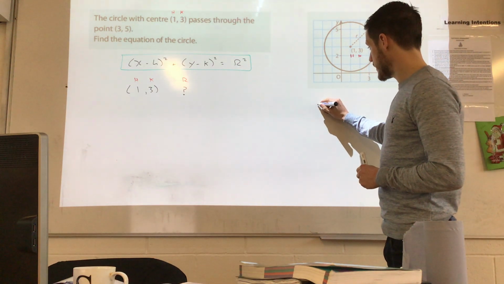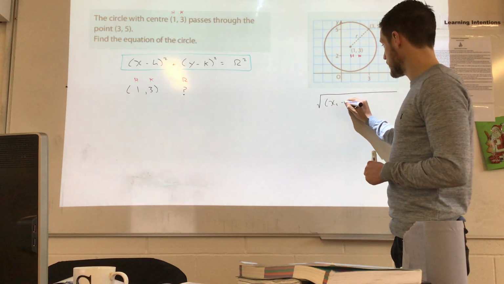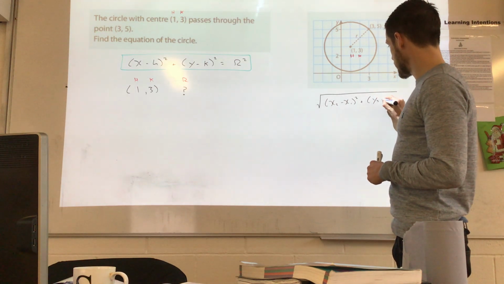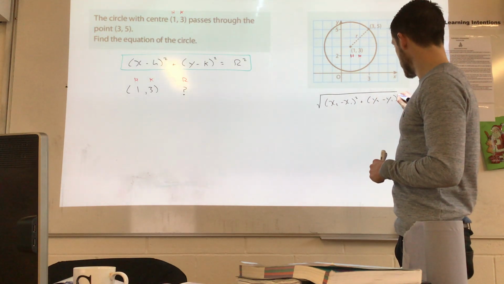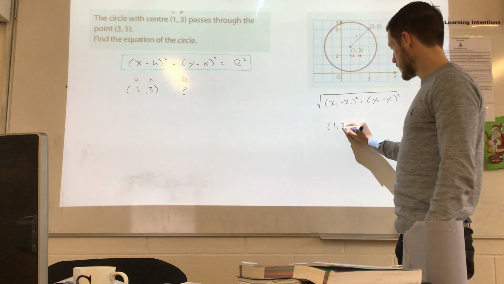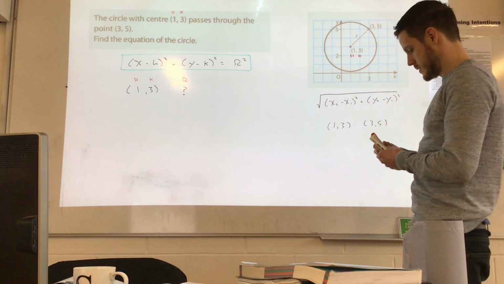And the distance formula is the square root of x2 minus x1 all to be squared plus y2 minus y1 all to be squared. So I've got my points there. I've got 1, 3, and 3, 5.